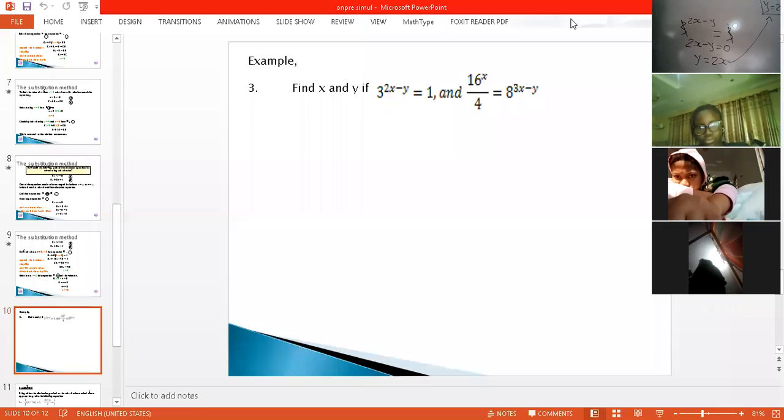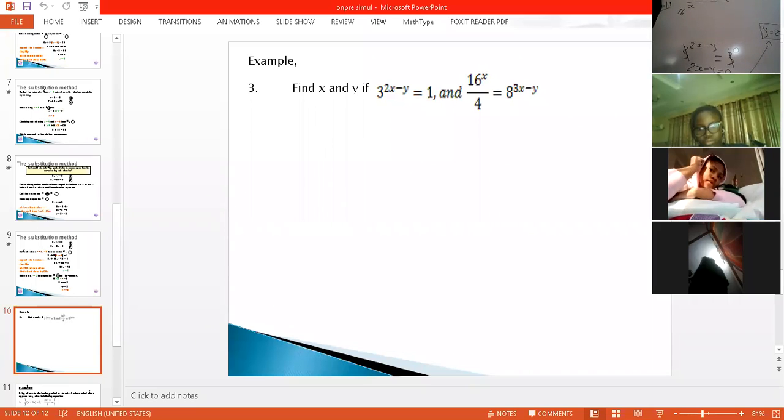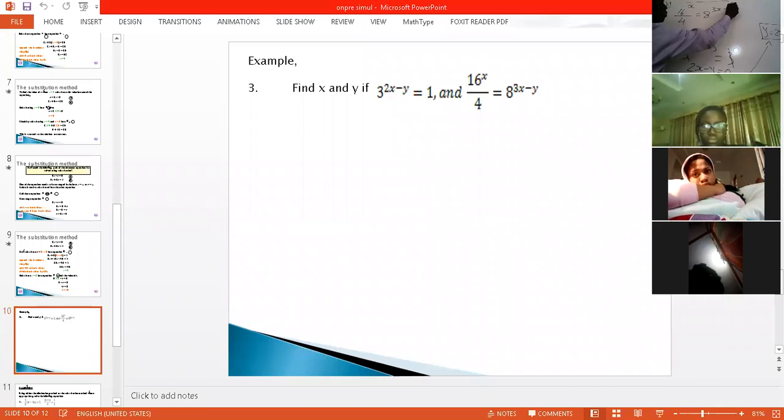Okay. Second equation, you have 16 to the power of x over 4 equals 8 to the power of 3x minus y.